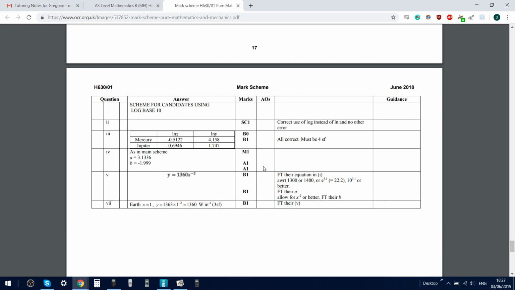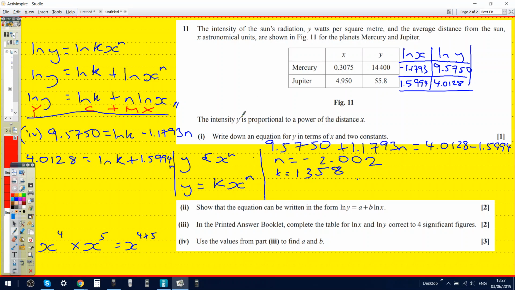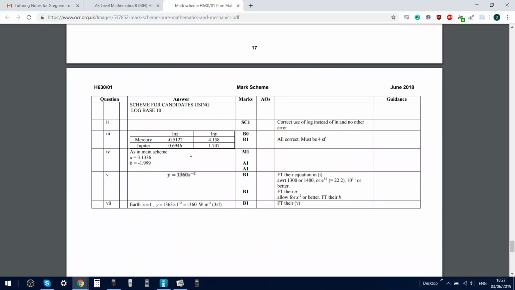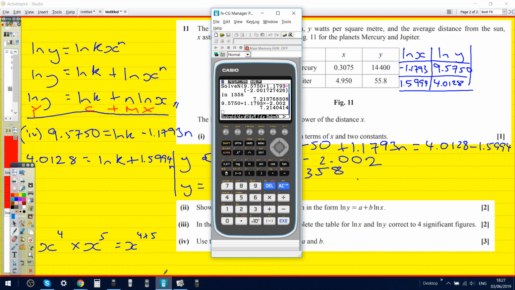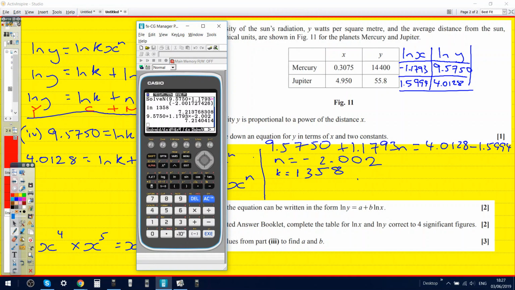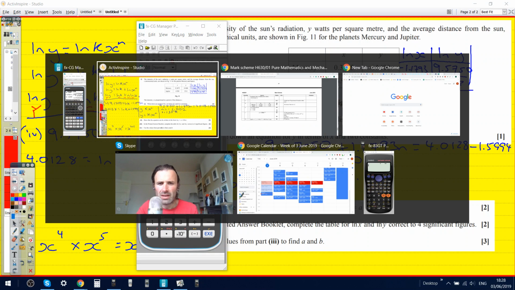All of your values are off. I just multiply them by ln, right? So you just put it in for a ln, is that what you mean? So for the first one, I do ln 0.3075, and I get minus 1.1793. That's 9.3 still.